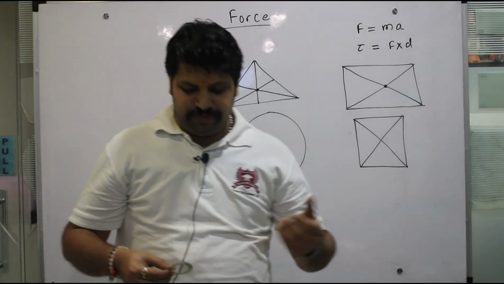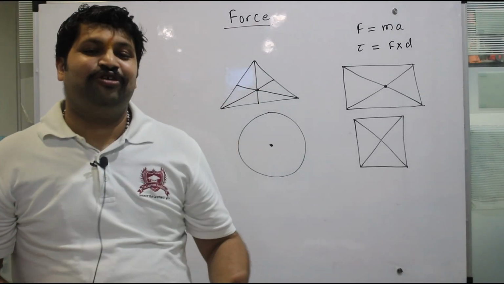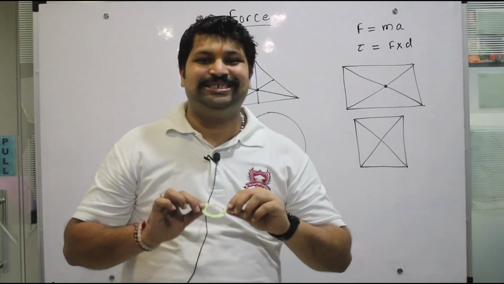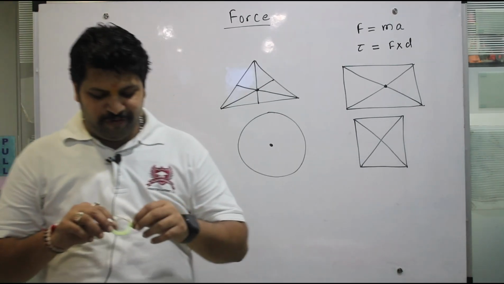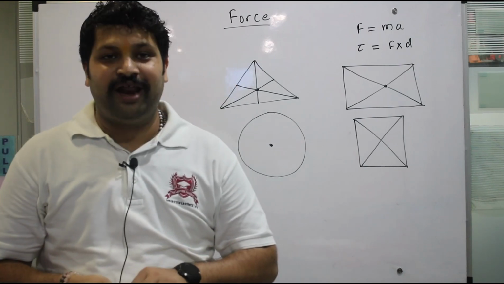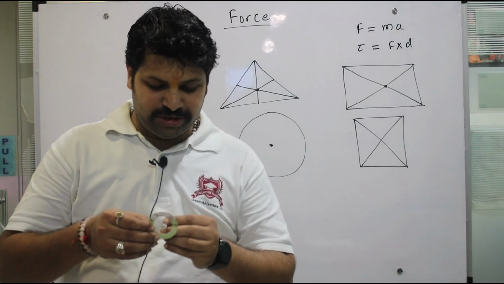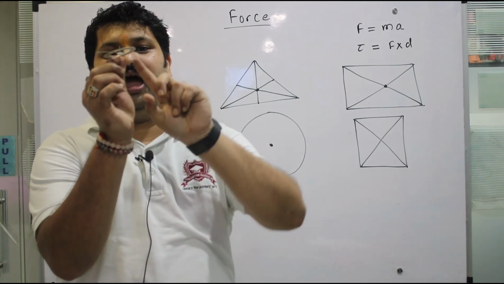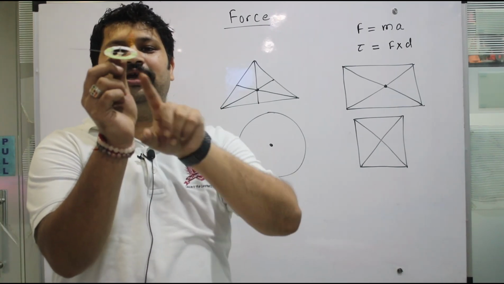The other example for the center of mass not being on the body is a ring. So for a ring, the center of gravity is going to be this point, which is at the center of the ring. So I can hold it like this and I can turn the ring like this.